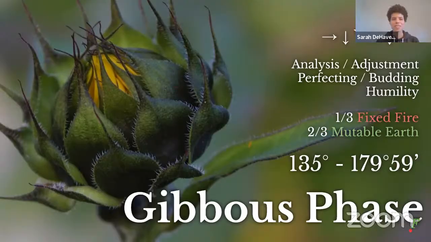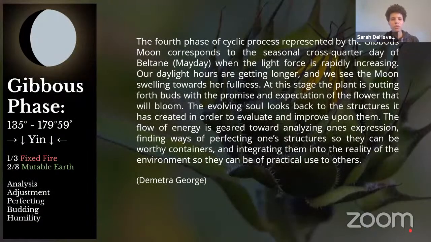Anyway, gibbous phase. Demetra George says this about the gibbous phase. The fourth phase of cyclic process, represented by the gibbous moon, corresponds to the seasonal cross-quarter day of Beltane, when the light force is rapidly increasing. Our daylight hours are getting longer, and we see the moon swelling towards her fullness.